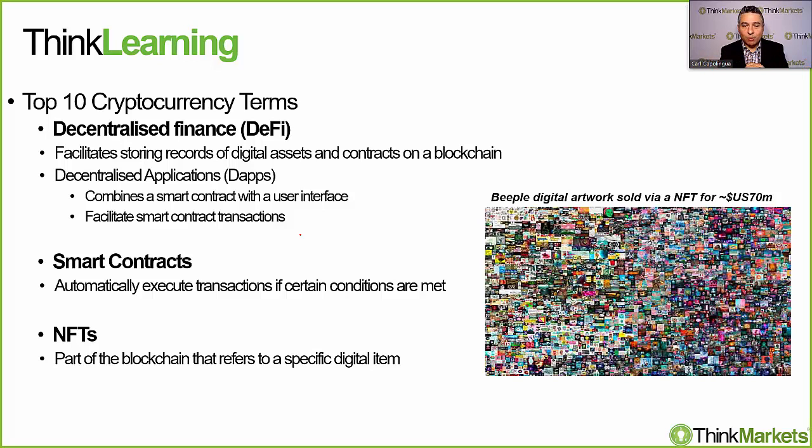For example, if we want to take out a loan from another holder of cryptocurrency, whether that be a financial institution or our next door neighbor, we can use various software applications to help us facilitate this and have the contracts that we're both a party to execute automatically without either party's intervention via these things which are called smart contracts. So automatically executable transactions if certain conditions are met.